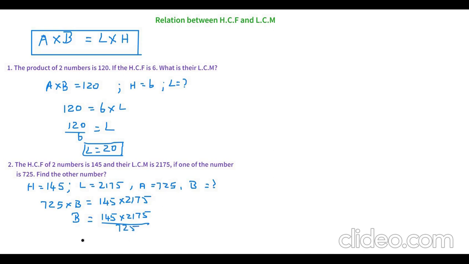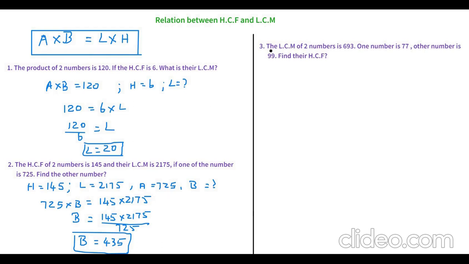When we solve this, the answer would be B equals 435. Isn't it easy? You just need to multiply this and then divide. So always remember one particular formula, which is the product of two numbers equals the product of the LCM and HCF. Now let's see the third example for today.